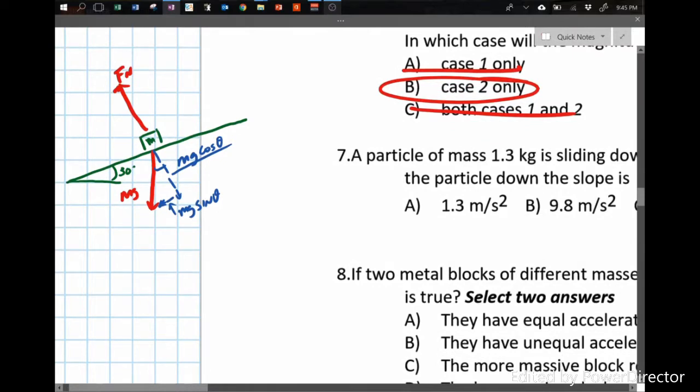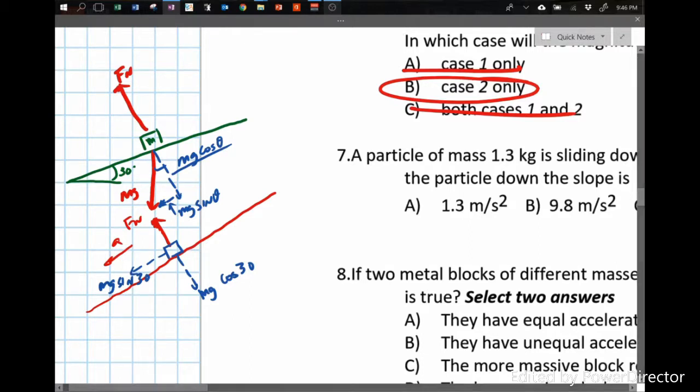So if we were to redraw this mass and just look at the components, we'd have mg cosine 30 into the plane, mg sine 30 down the plane, the normal force perpendicular to the plane that way. And this is the plane that we have going on. Now, we have our unbalanced force in that direction.